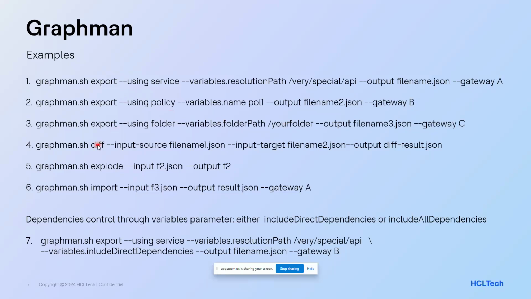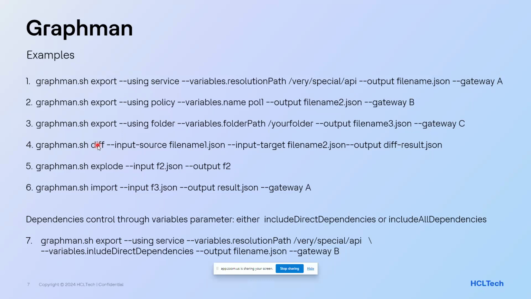An example for the diff command, where you can compare bundles: you can compare bundle to bundle, bundle to a gateway, or a gateway to a gateway. The results differ a little bit. Recently, a kind of diff report was added that will tell you, if you want to bring a target gateway to a certain state, you need to do these inserts, these updates, and these deletes.